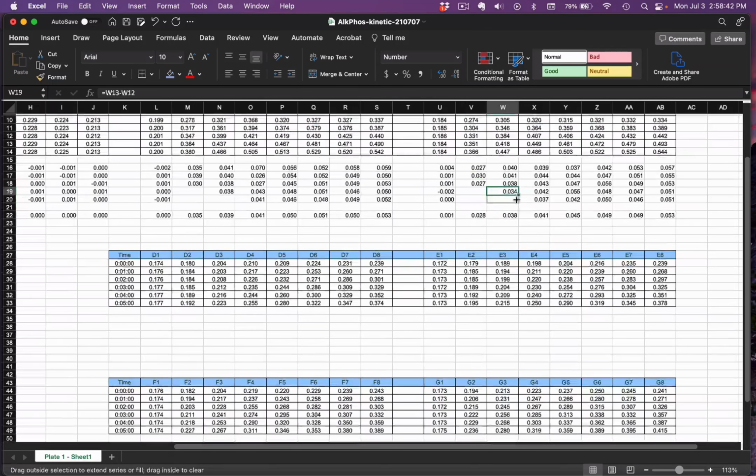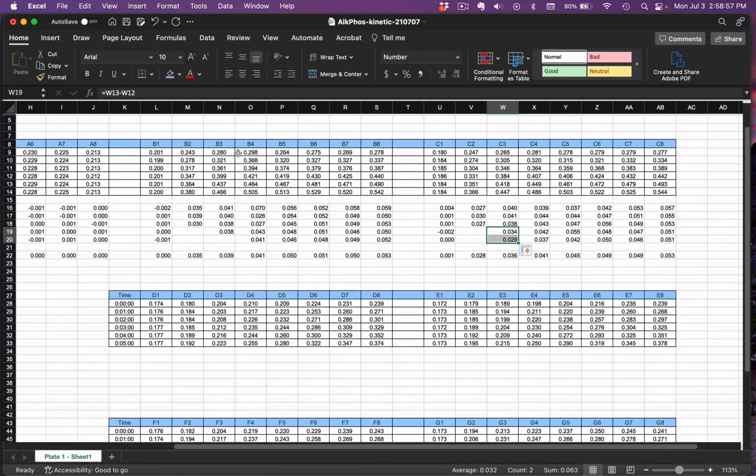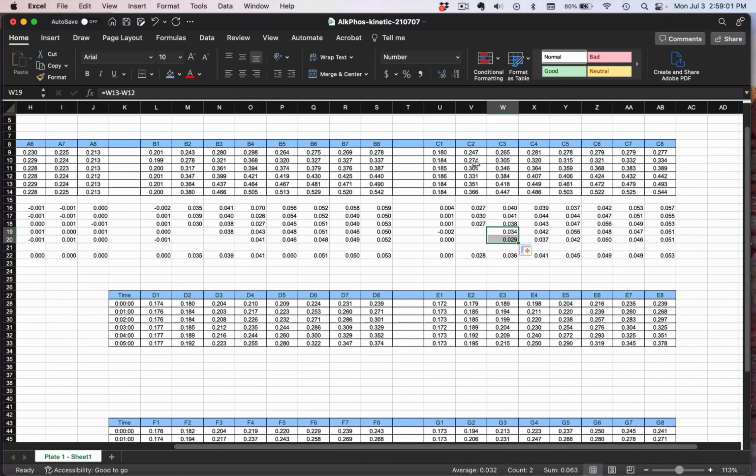Do the same here. And with that, we'll go ahead and just keep that data point. Same thing with the rest. So basically, the activity that we see in row B should be almost identical to what we see in row C. And if we look at the change in absorbance, we're seeing a relatively similar result.